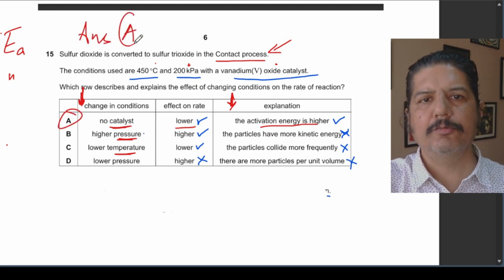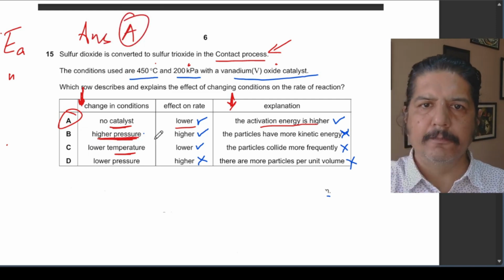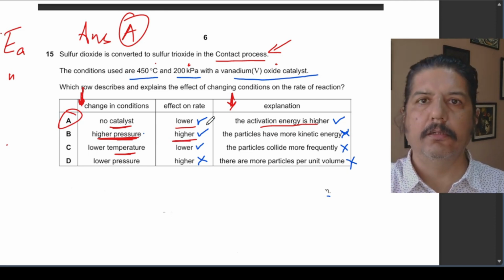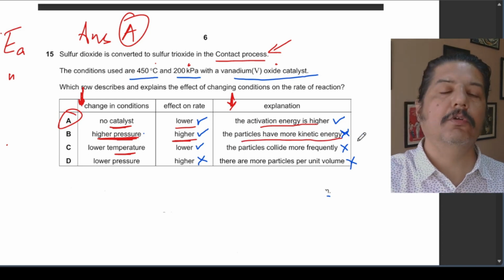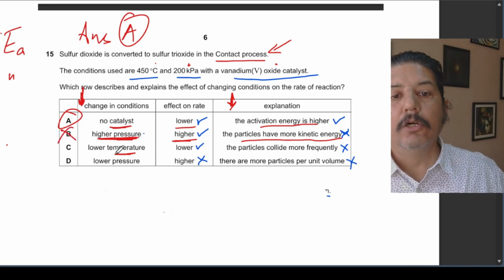But let us look at the other options also. Higher pressure. Now you have increased the pressure. Yes, the rate of reaction will increase. But the explanation which is given is wrong. The particles will have more kinetic energy. That is wrong, as we have discussed before. Next, lower temperature.